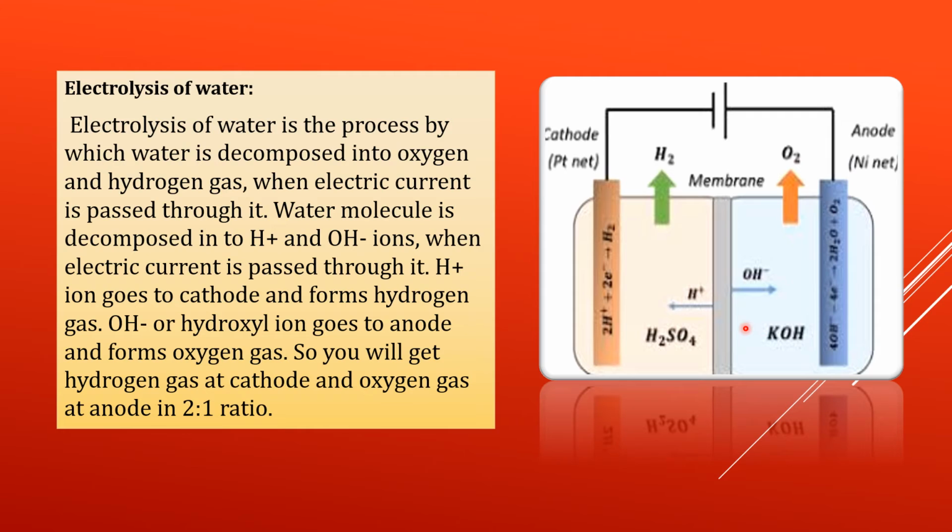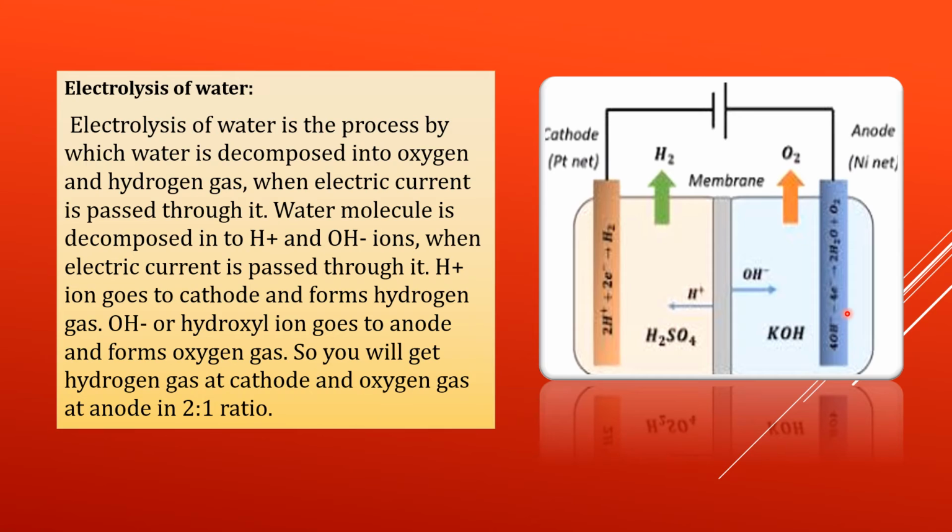On the other hand, if you see this portion, the hydroxyl ion as an anion will go to the anode. And what will happen? OH minus is there, and minus sign means excess electrons are there. So this anion will give the excess electron to the anode, because the anode is positive, it can take the excess electron.